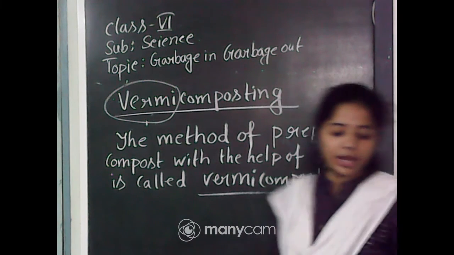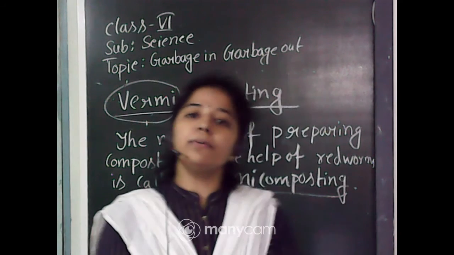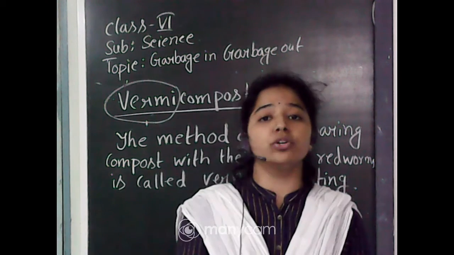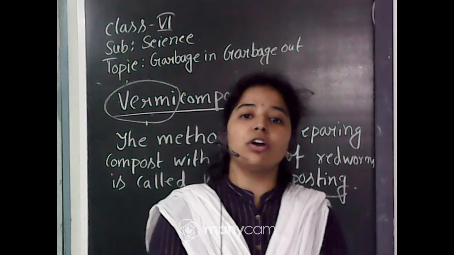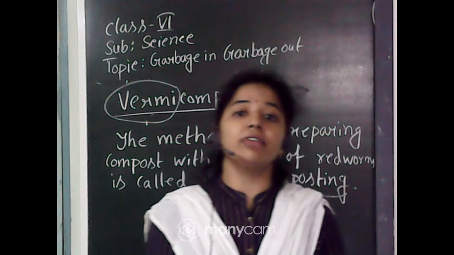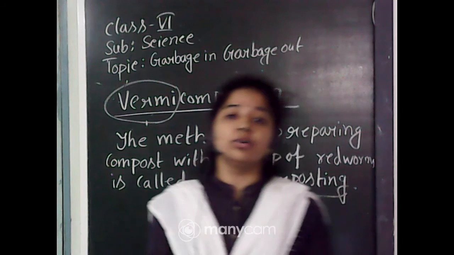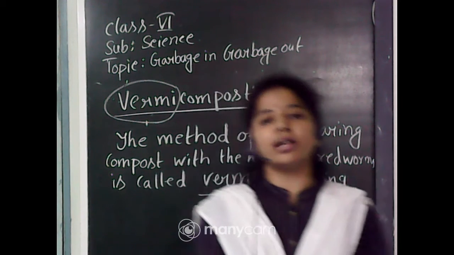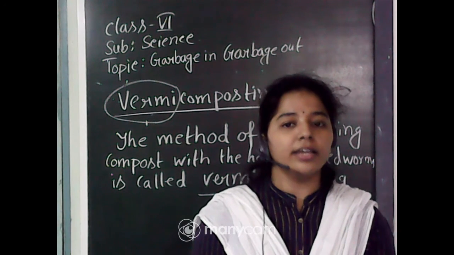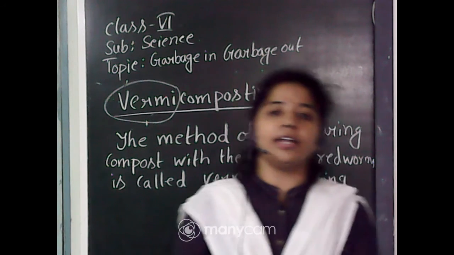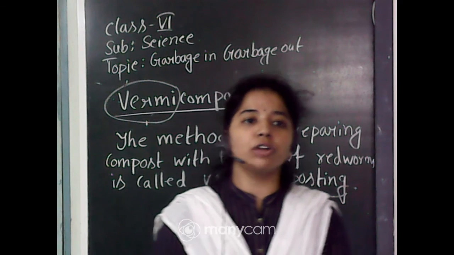Now vermicompost is an excellent manure for gardens, and also for some nurseries and farms. As we have already learned, vermicompost is a very essential and excellent manure for those areas.